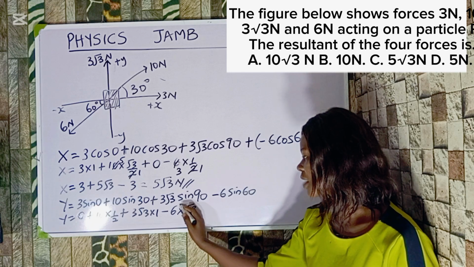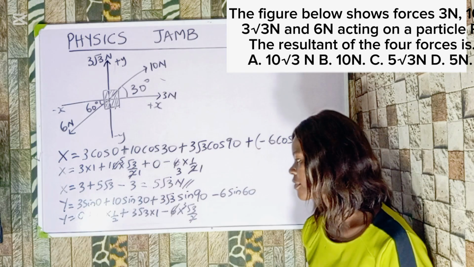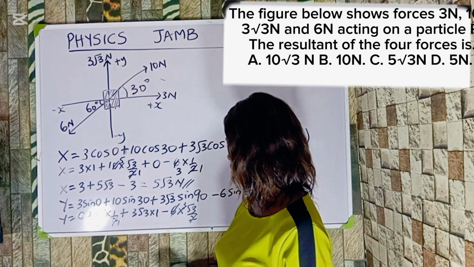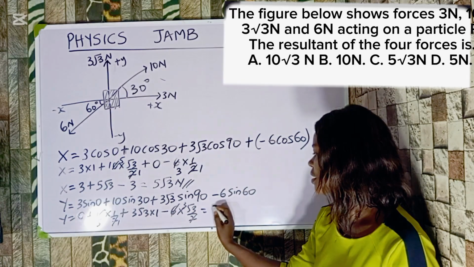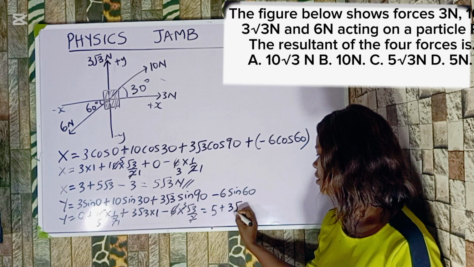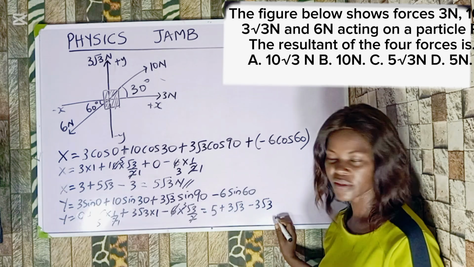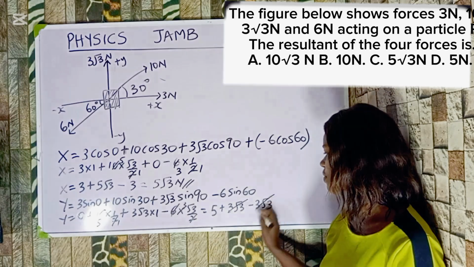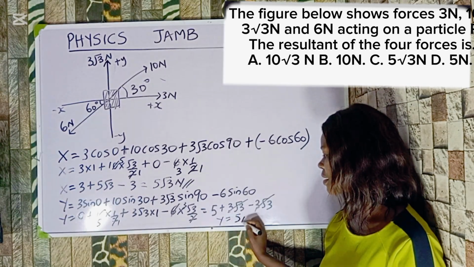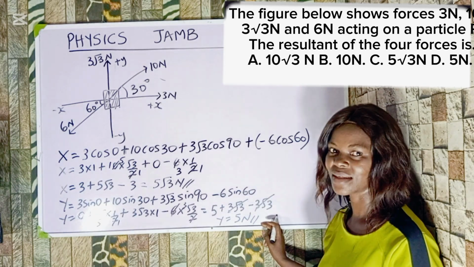Now this cancels this to give me what? 3. And this cancels this to give me what? 5. Remember, the equation will change to 5 plus 3 root 3 minus 3 root 3. Do we understand? So automatically this cancels this. Now my y is equal to what? 5 Newton. So this is the resolution of these vectors in the vertical component.